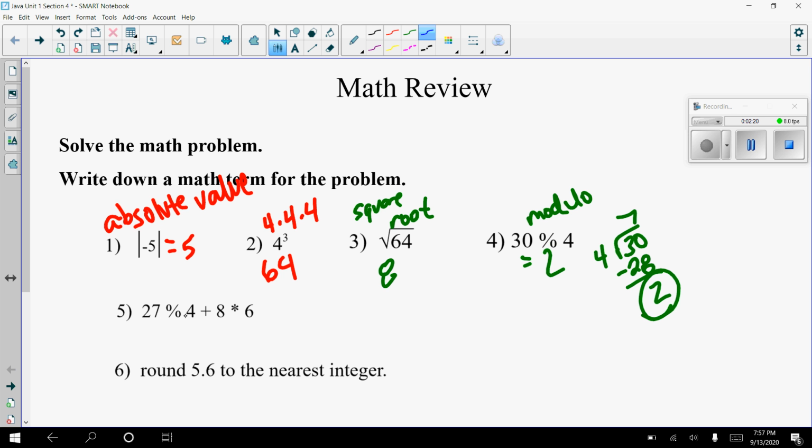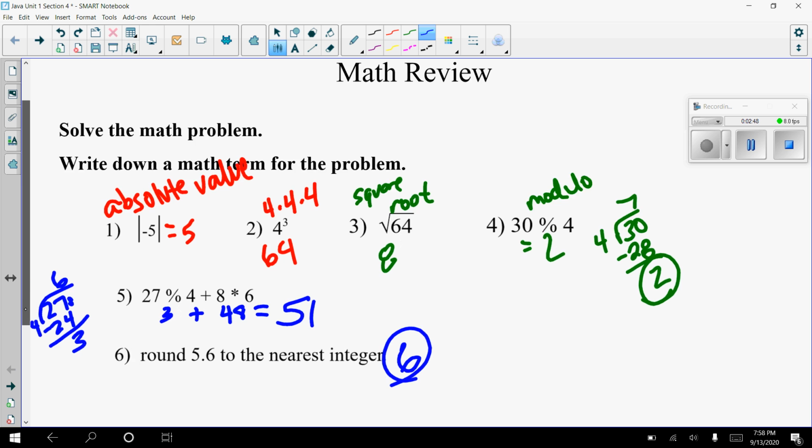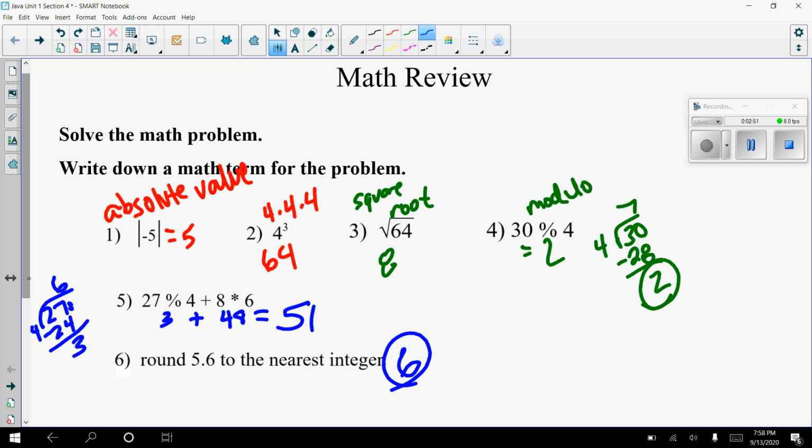So 27 modulus 4: 4 goes into 27 six times nicely with 3 remaining, so this would be 3. 8 times 6 is 48. If I add those together, I get 51. Okay, if I want to round 5.6 to the nearest integer, I look at the 0.6. That rounds up, so I get 6. So just some basic math review there.